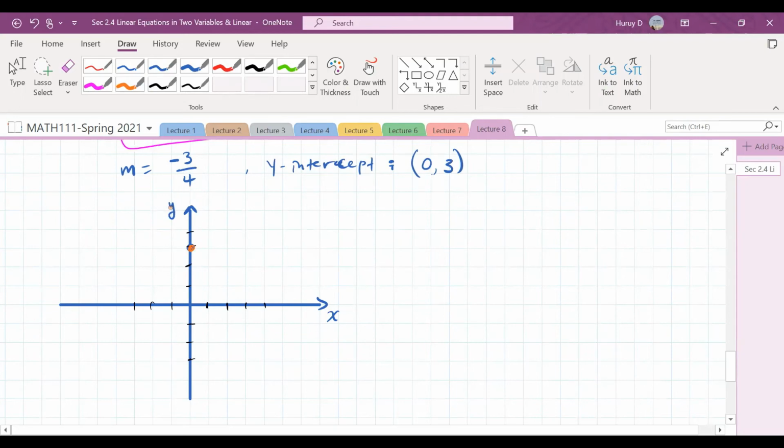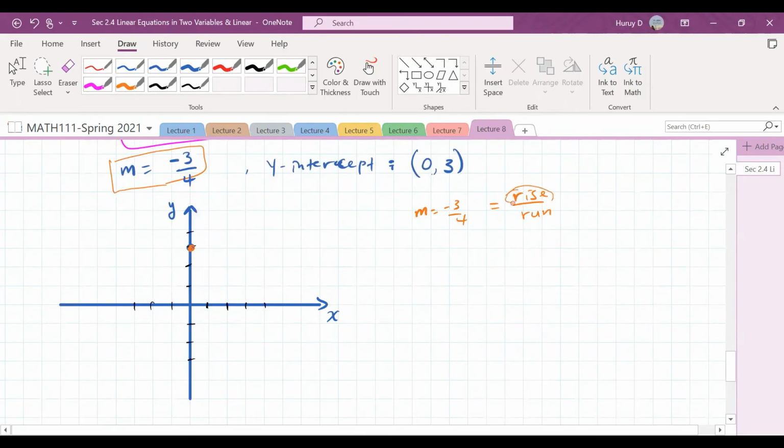Then we use the slope to plot the graph. Here we have m equals negative 3 over 4. And what do we know? From the definition, m is rise over run.